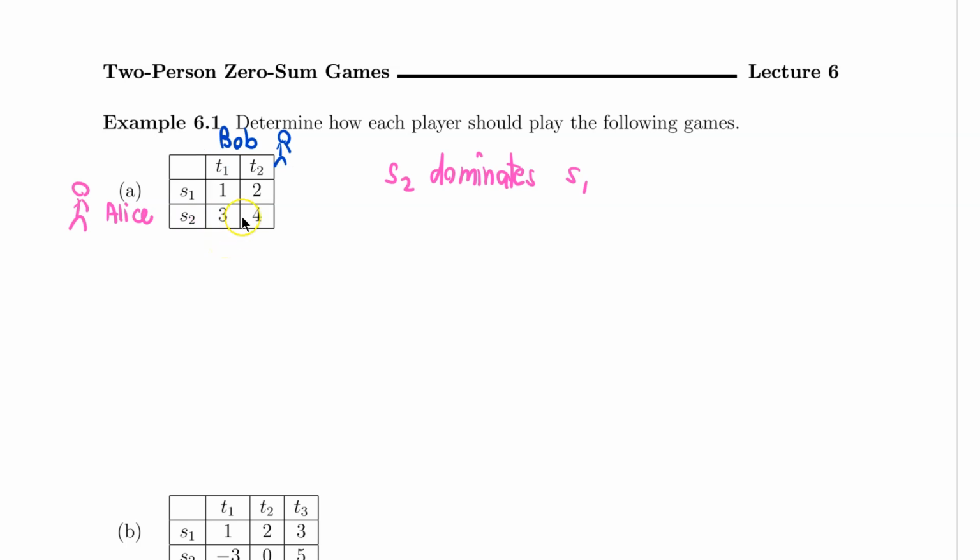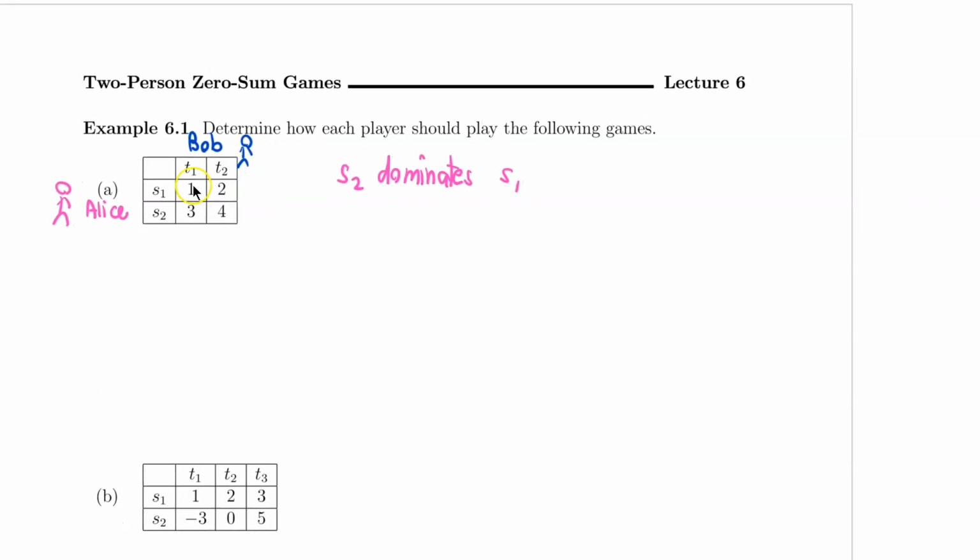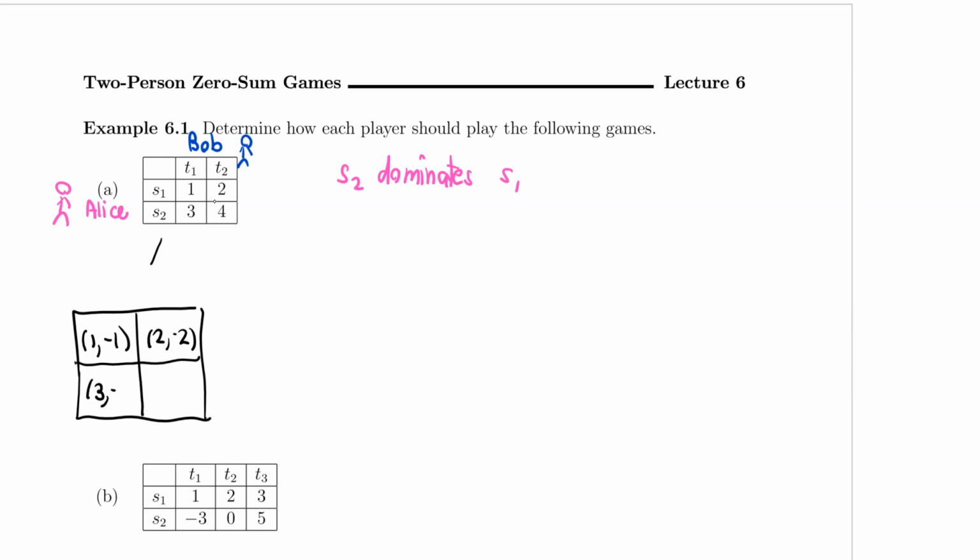Now let's put ourselves in Bob's shoes. Let's see what Bob should do. When we look at these numbers, one thing we have to remind ourselves of is that each number is actually just a shorthand of the vector. So we have 1 and -1 here, and then 2 and -2 here, 3 and -3 here, and then 4 and -4 here.